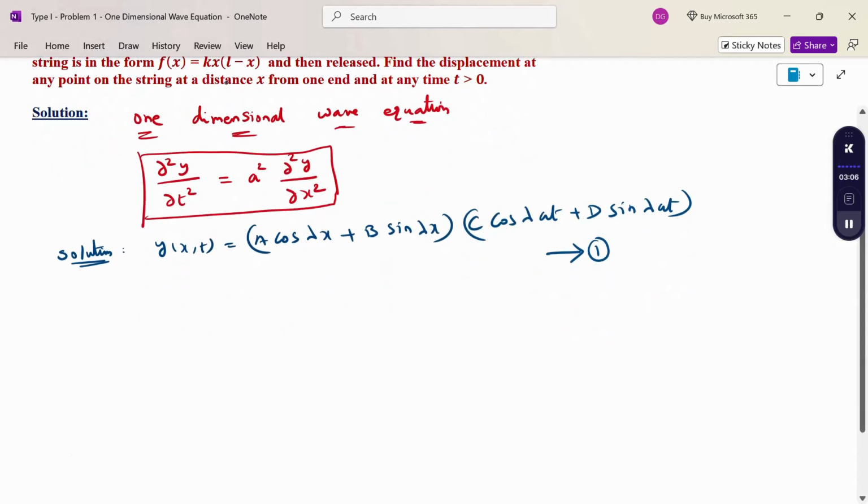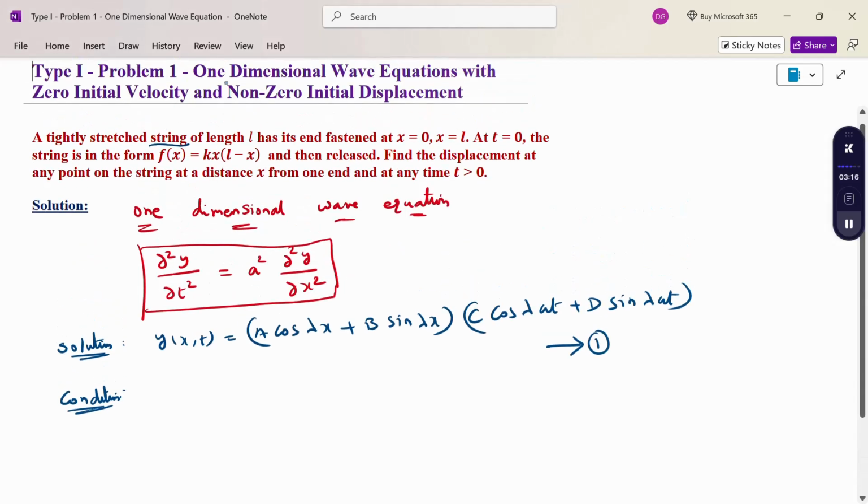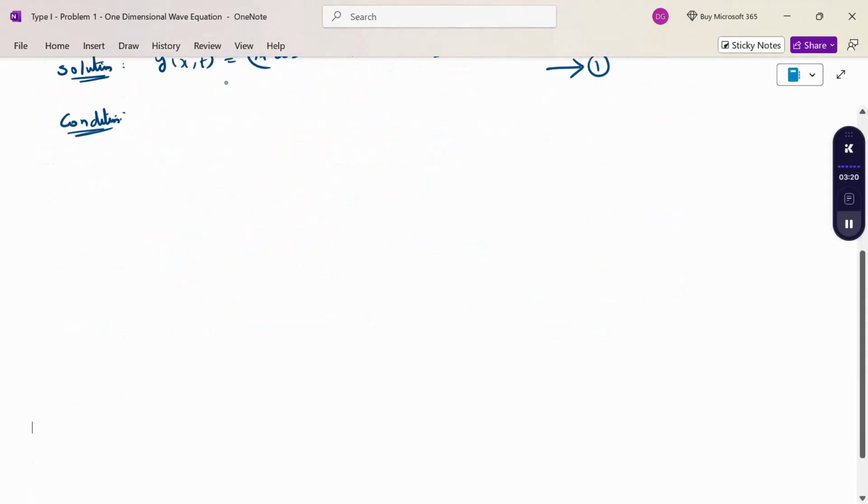And then next, the conditions. What are the conditions? Boundary conditions and initial conditions. Now see the problem. In this problem, x goes from 0 to L and time t starts from 0. Therefore, first condition: y(0,t) = 0, at x = 0, for t greater than or equal to 0.